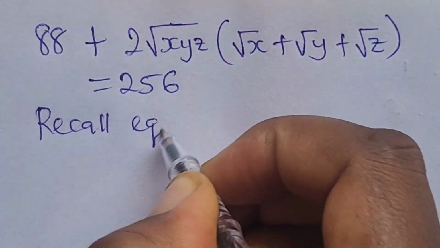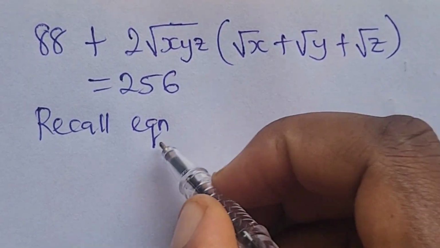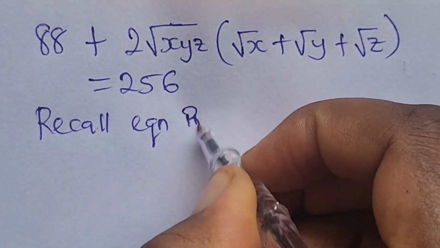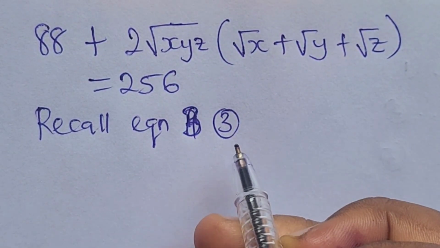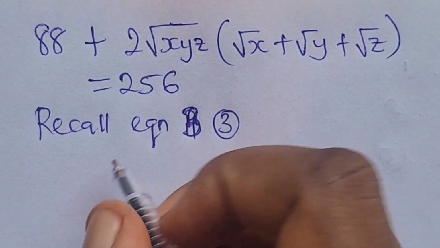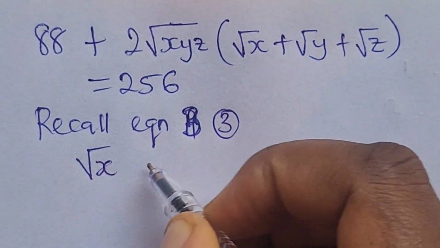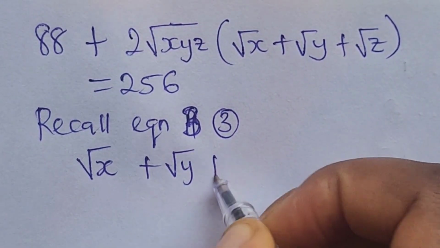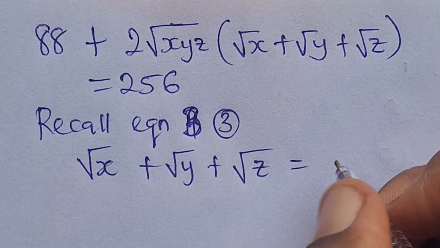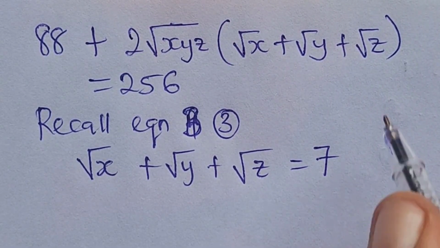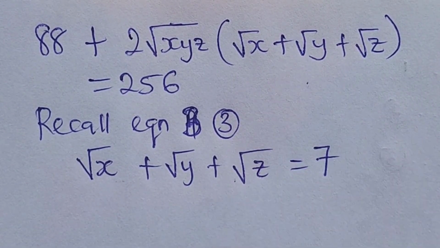To recall equation 3, from equation 3 we have that root x plus root y plus root z is equal to 7. So this will be replacing here.